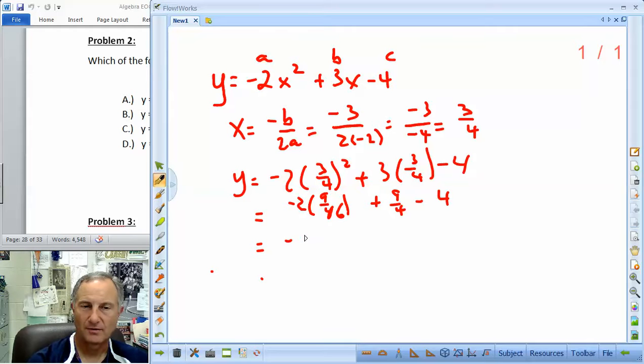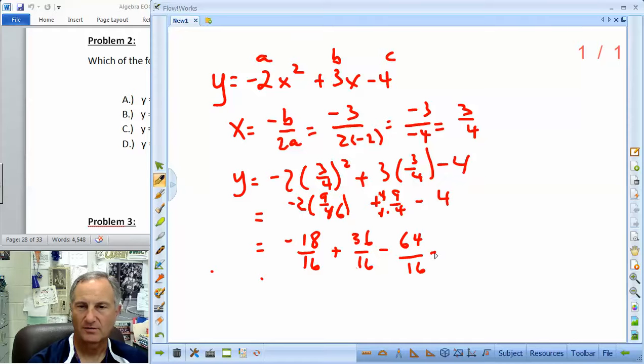Negative 2 times 9/16 is negative 18/16. Change the 4 to 16ths: 4 times 16 is 64 sixteenths.